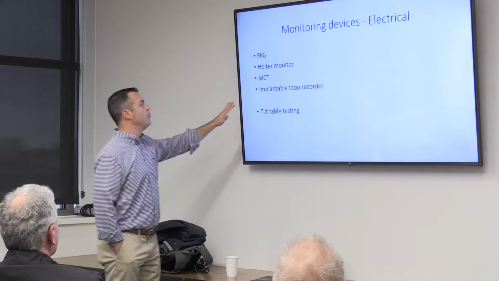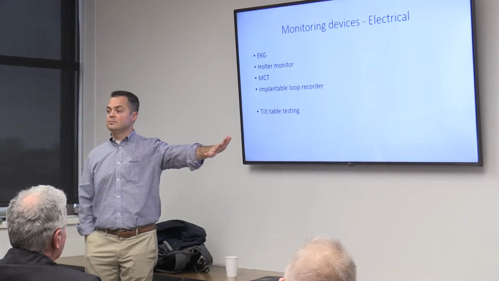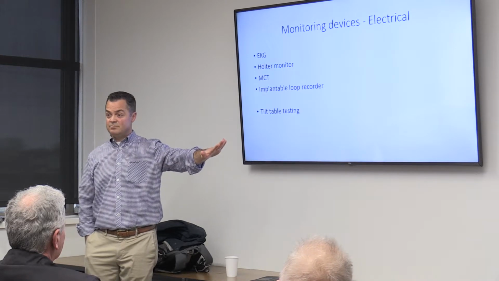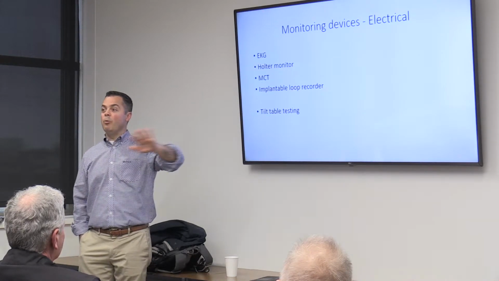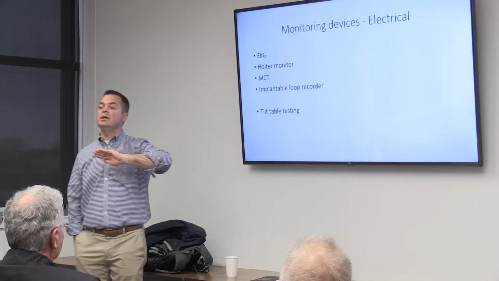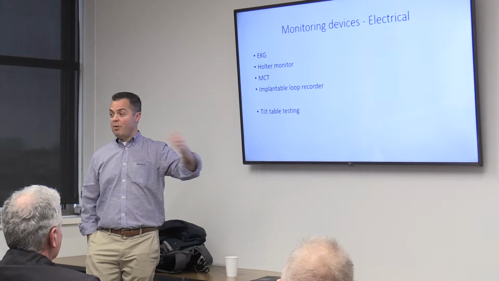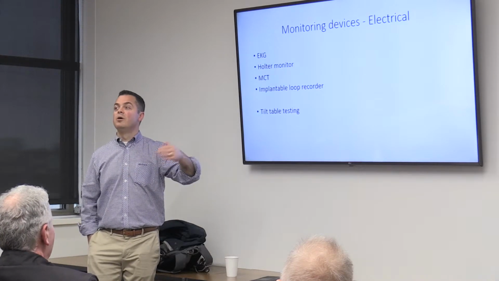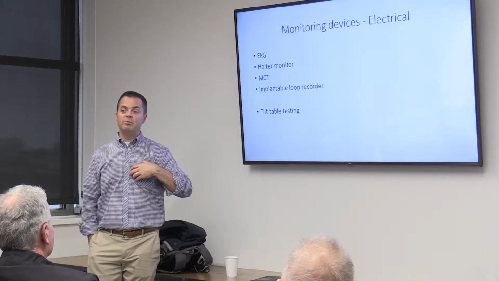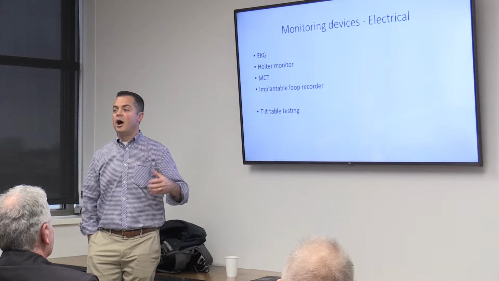We have other things called mobile cardiac telemetry, which are similar to Holter monitors, but can go longer, up to 7 days. And we even have event recorders that are like mobile cardiac telemetry that you can keep for 30 days. So now you're talking a month. Now, those devices don't record every beat of your heart. If they had to record every beat of your heart, you'd be carrying around a small computer in your pocket.